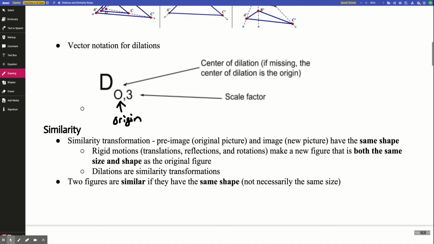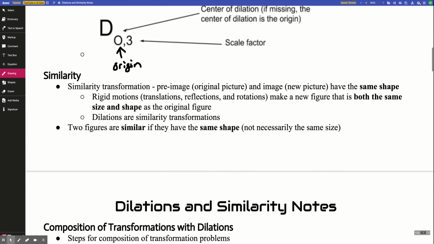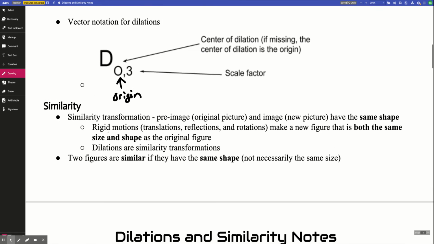The next part of this is similarity. We have been talking previously about rigid motions and transformations that make shapes that are the same size and the same shape, so they make congruent shapes.